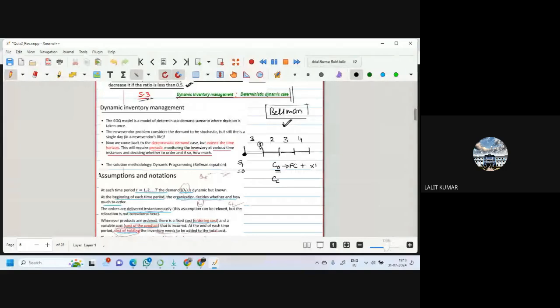And then in the questions, they have also given a maximum order, for example, only five, and your holding capacity is also given, that you can hold a maximum of four only. Now, with these conditions, we have to find how much I have to order. The demand is known, so how much do I have to order so that my production cost is minimized. I'll solve this question in detail.